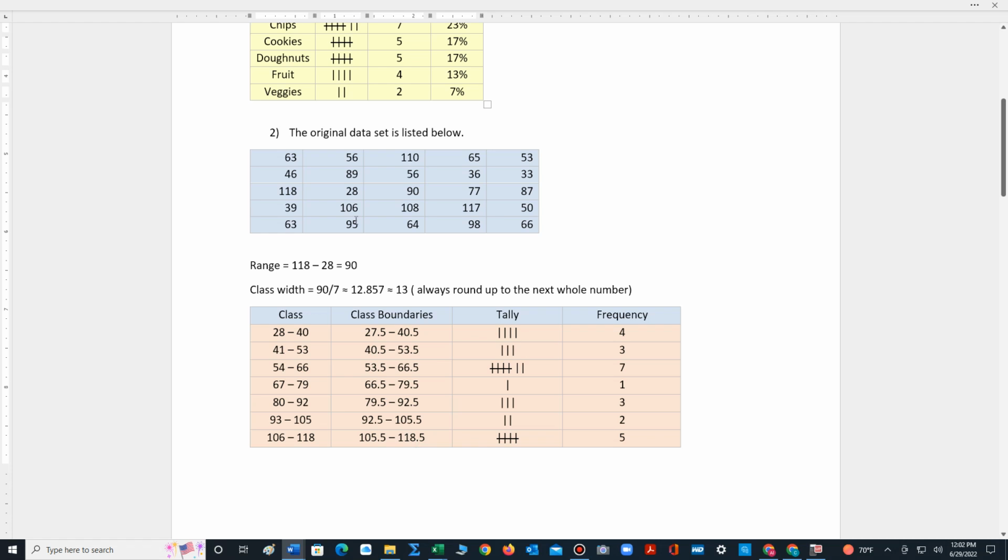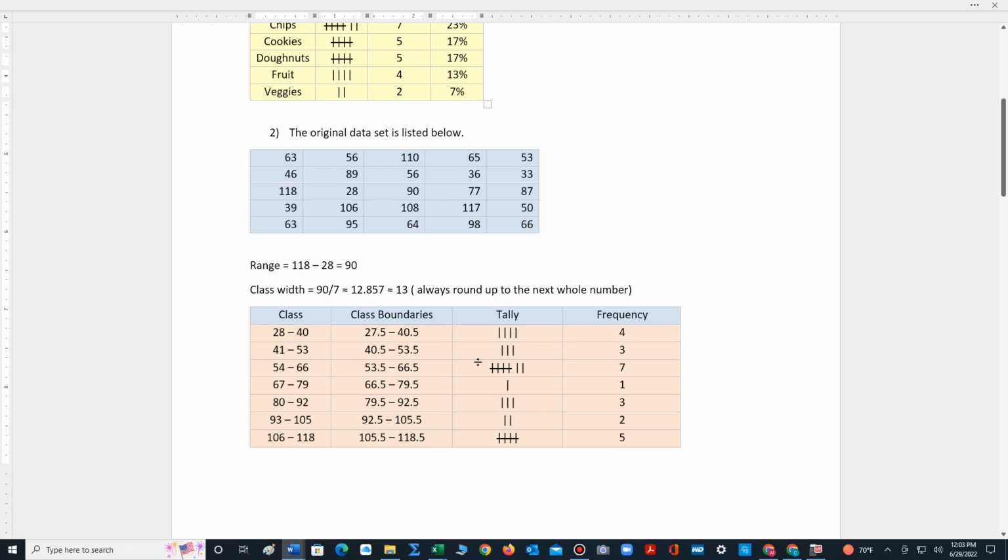To tally the data, we have to determine which class each data value belongs to, and then place a tally mark in that appropriate class. So for example, 63, that would fall in the third class or third group, so we would place a tally mark. 46 falls in the second class, second group, however you want to phrase it, put a tally mark.